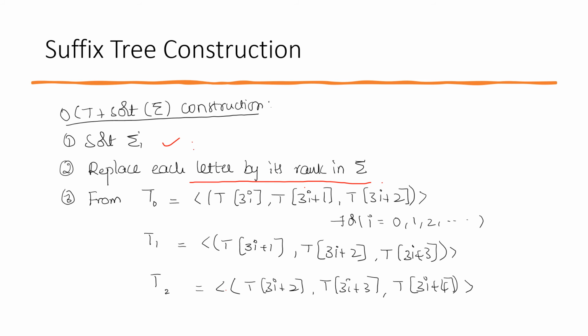Just like I said, it's not possible to store everything lexically, so I'm storing them in the form of offset values. Similarly, I'm replacing each letter of the alphabet by its rank. For A the rank can be 1, for B the rank can be 2. I'm just replacing those values.